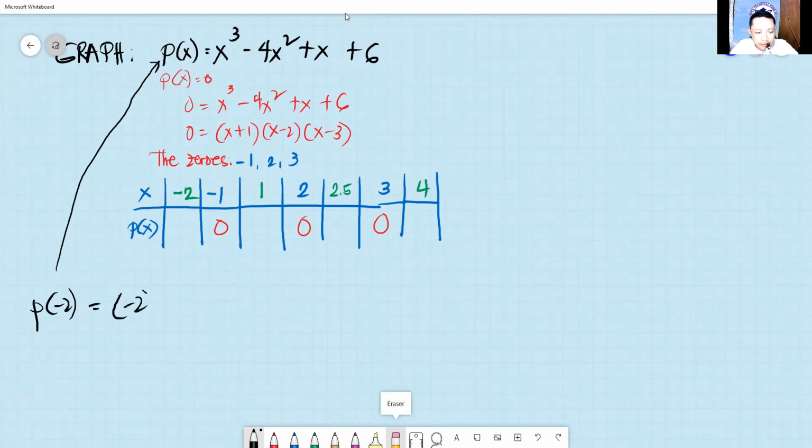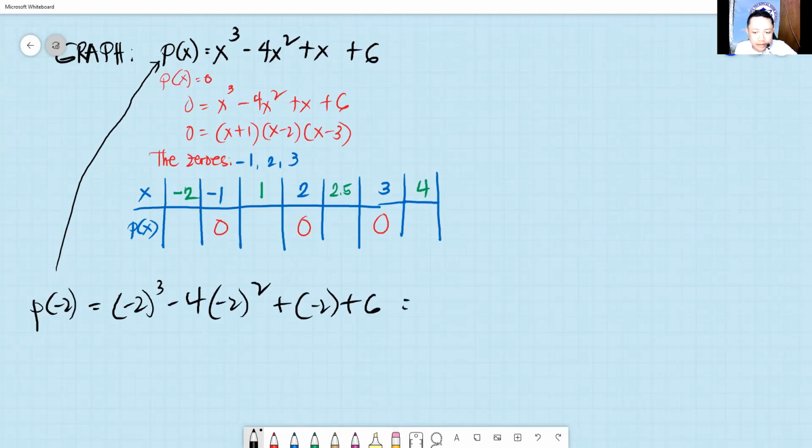Substitute negative 2 cubed minus 4 times negative 2 squared plus negative 2 plus 6. What's the answer? Press it in your calculator and type the answer in the chat box, please.